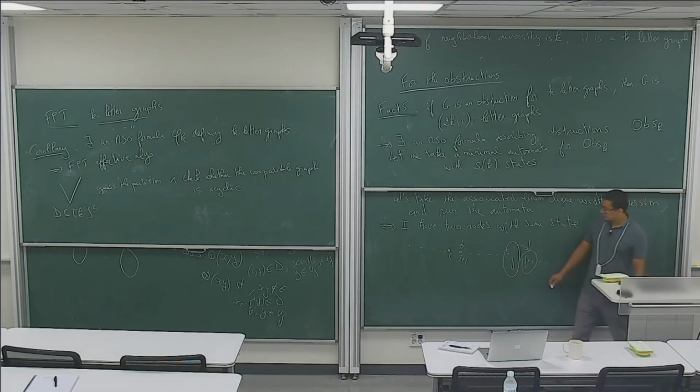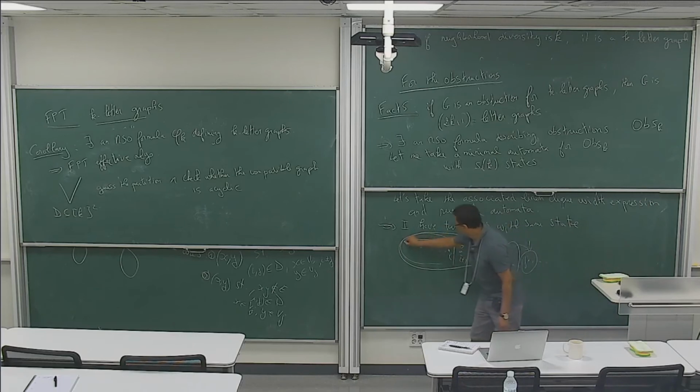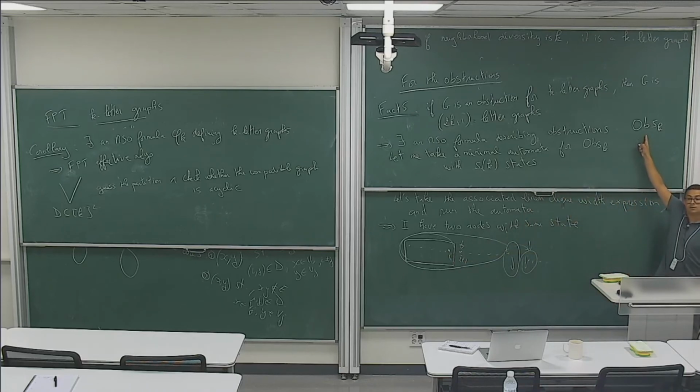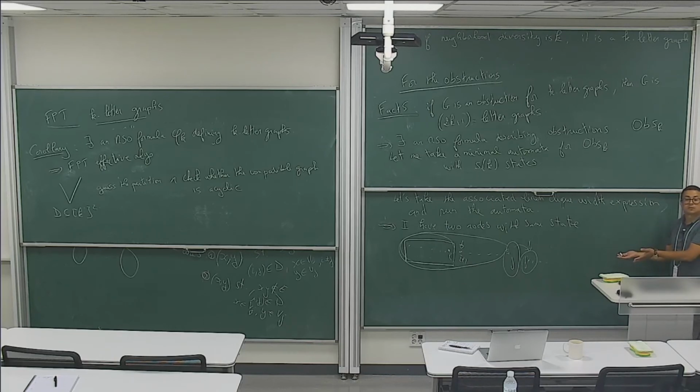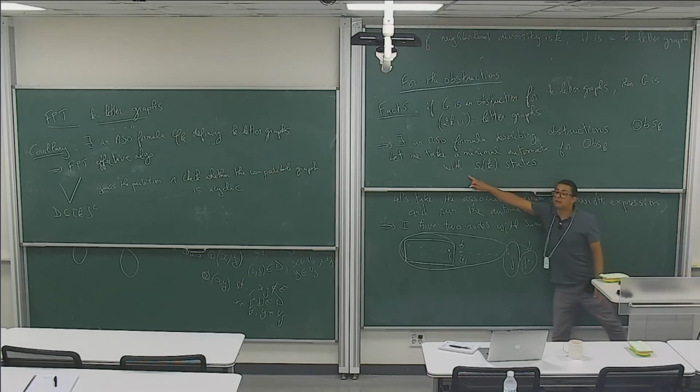Similarly, if I replace this graph G_j by this graph G_i, which is an induced subgraph of my graph, I am still satisfying the formula. If G was satisfying the formula, then if I replace G_j by this induced subgraph G_i, I am still satisfying the formula, meaning that I have an induced subgraph which is an obstruction, which is not possible. Then the size is bounded by S of k.